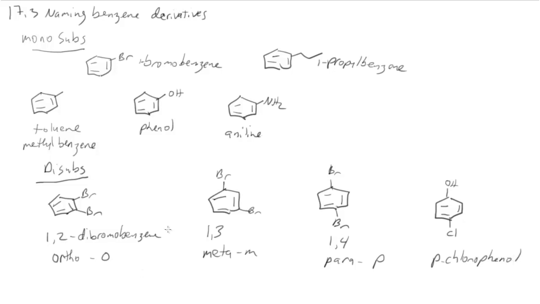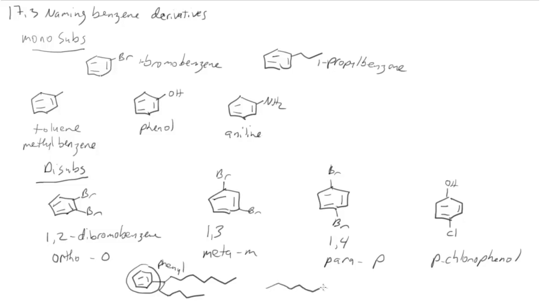There are two other things that are important in naming, and that is when we have a benzene ring as a substituent on something else. So make something large here. If I have just a benzene ring attached to it, I'll call this group here a phenyl group.